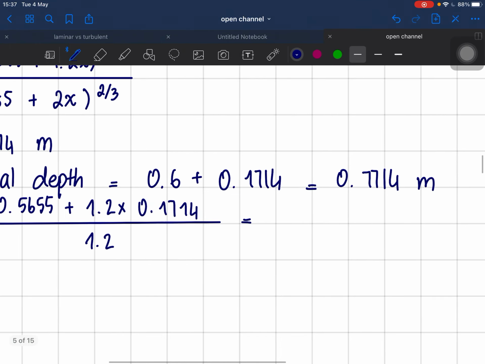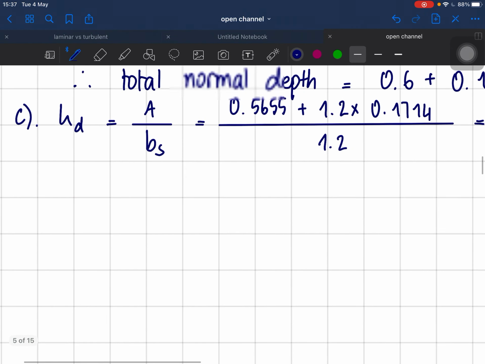Answer here is equal to 0.6427 meter. So we can find the Froude number.